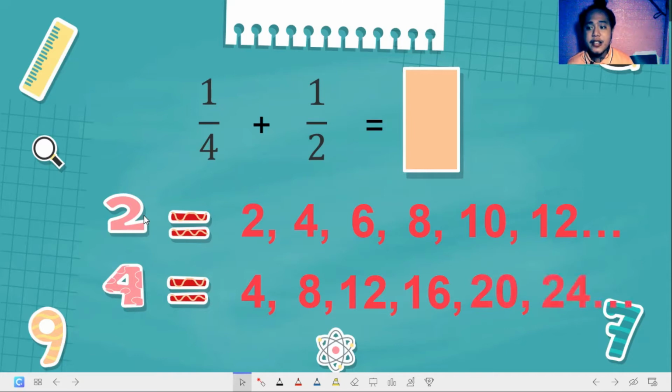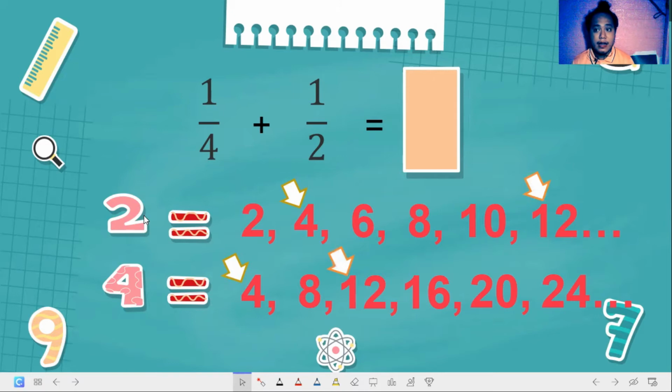Now, can you see any common multiple in both 4 and 2? What are those? Very good. You saw it correctly. It is 4 and 12. That's why there are 2 common multiples in the first 6 multiples of 2 and 4.